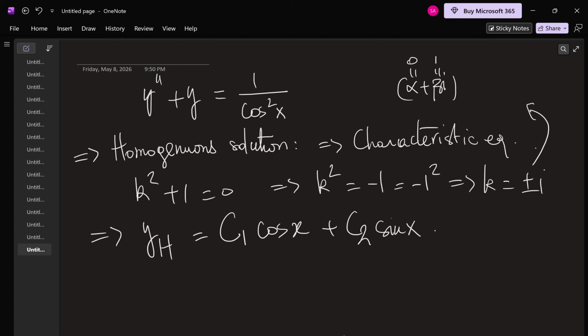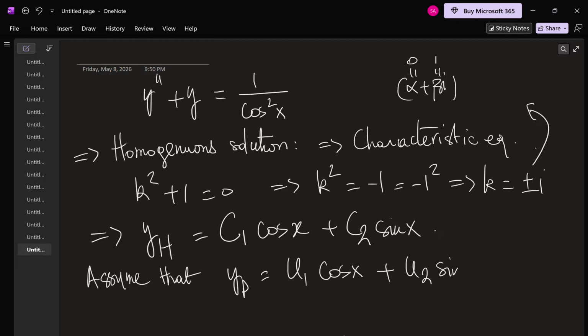So for the particular solution assume that yp is equal to u1 function times cos x plus u2 times sine x. Okay, so this is the first solution, and this is the second homogeneous solution.